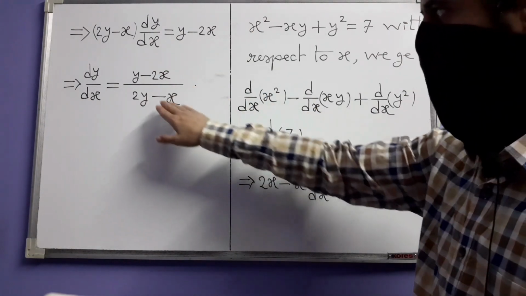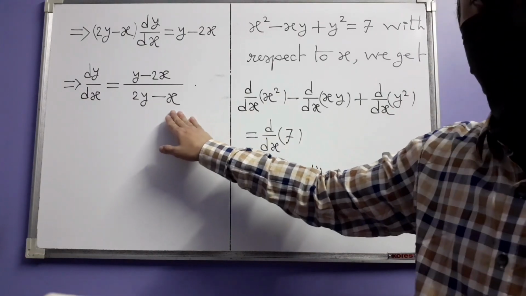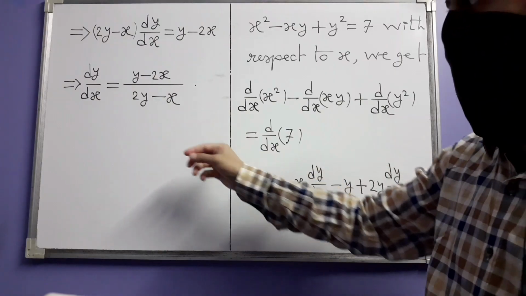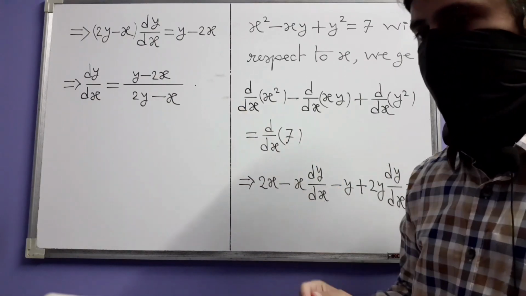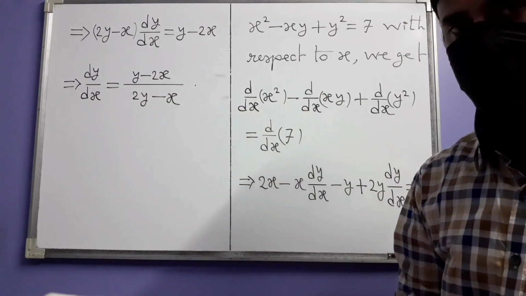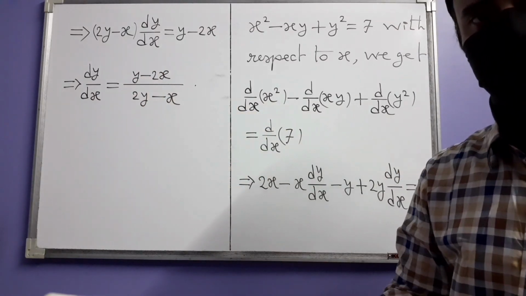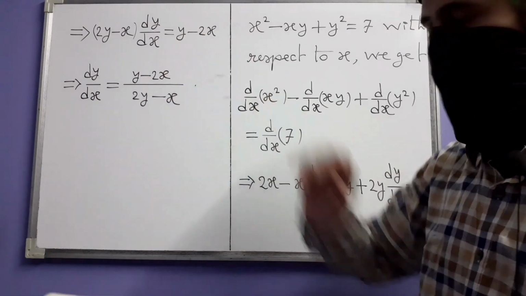Do not worry about the possibility of this 2y minus x being 0. It may be 0, and the points x and y for which it will be 0, their dy/dx will not exist. With that understanding, you just find this expression.